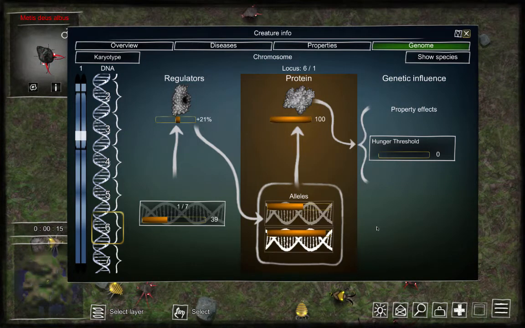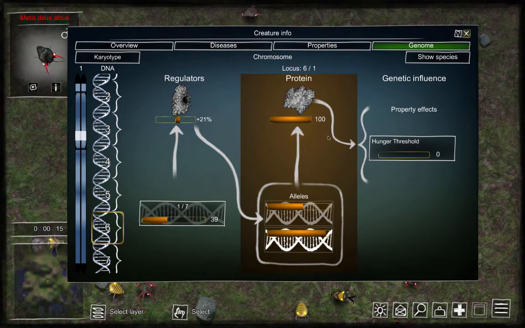So let's look at the alleles closer in a minute, but I first go quickly through this screen we see here. These genes produce this protein in a process called transcription and then in another process called translation. I'll talk a little bit more about these processes later on.